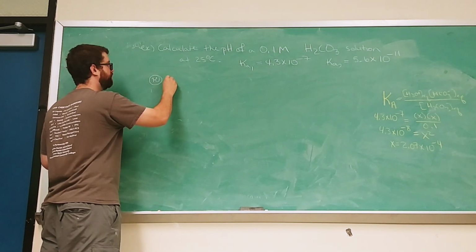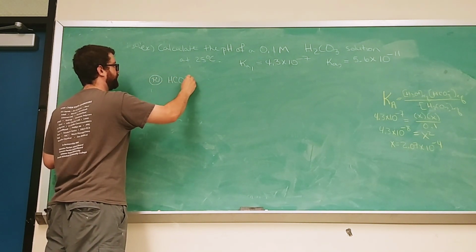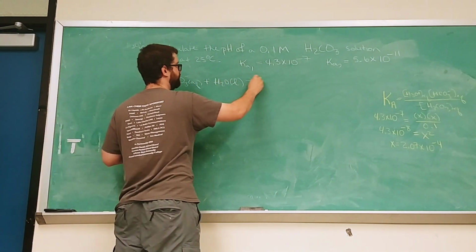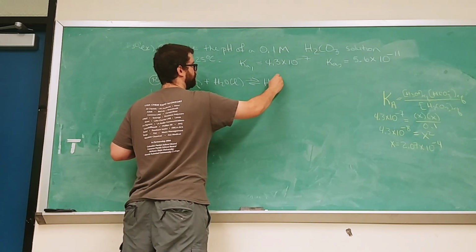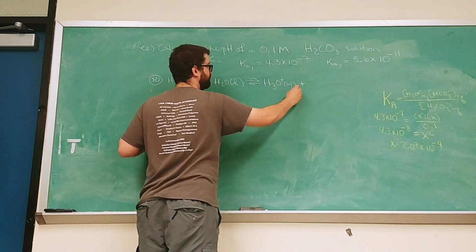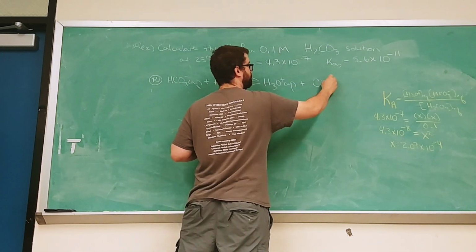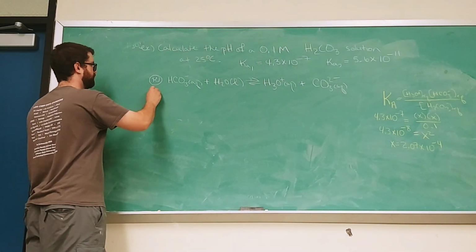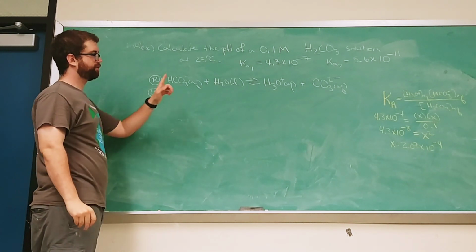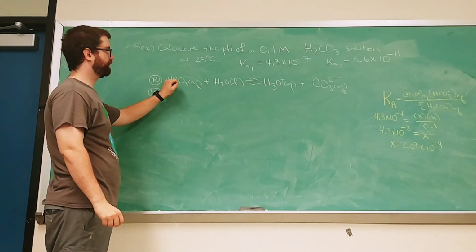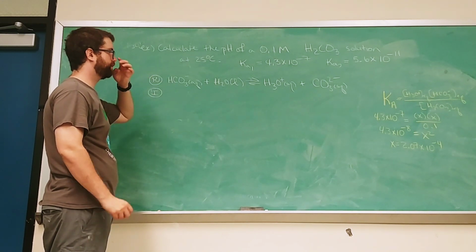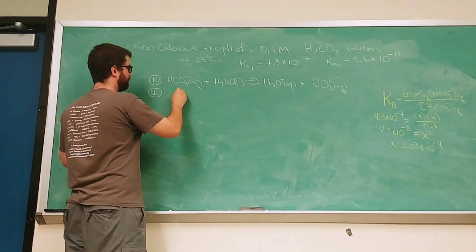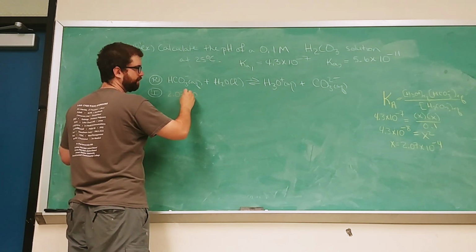So my reaction now is bicarbonate reacting with water, acting like an acid, to form hydronium ions and now the carbonate ion, CO3 2-. My initial conditions: I know x was my equilibrium concentration of bicarbonate, so this is 2.07 times 10 to the negative 4.